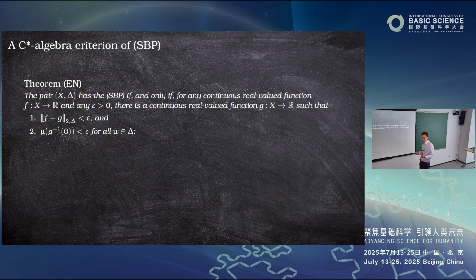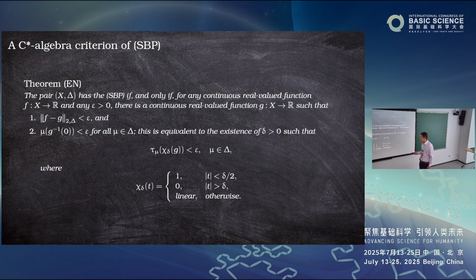But more important, this g should be very good in the sense that you look at the zero set of the function g. It is uniformly small. In the language of C-star algebras, you are basically talking about the neighborhood of the spectrum of g, which is uniformly small under all the traces.